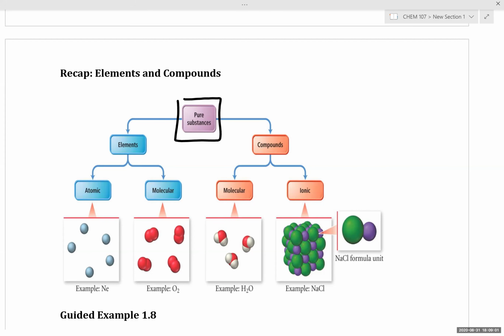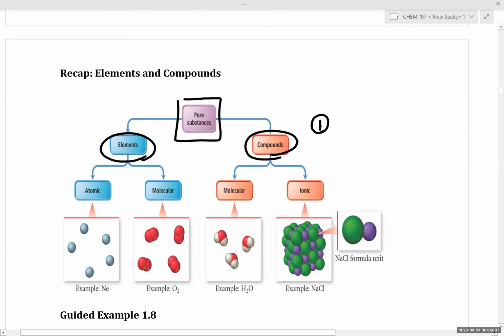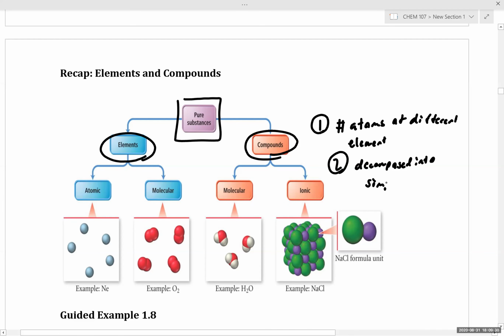Pure substances can be broken down into elements or compounds with our key deciding factors being, first, the number of atoms of different elements, and second, whether or not we can decompose that pure substance into simpler elements.